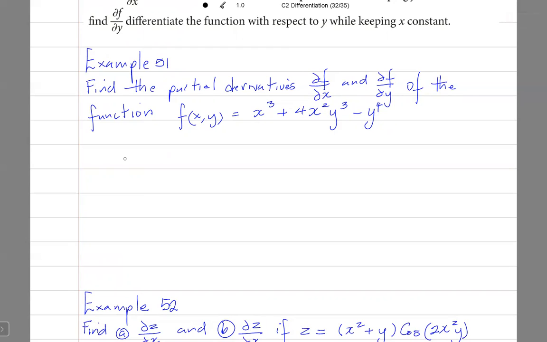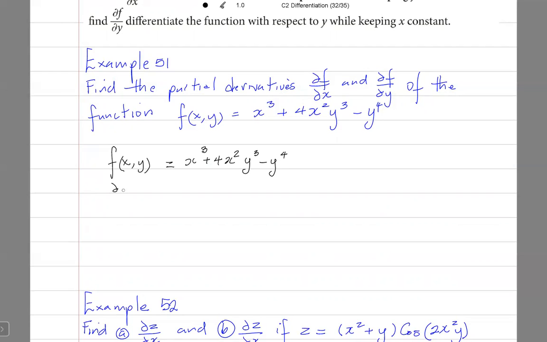All right, so I have f of x, y is equal to x cubed plus 4x squared y cubed minus y to the fourth.